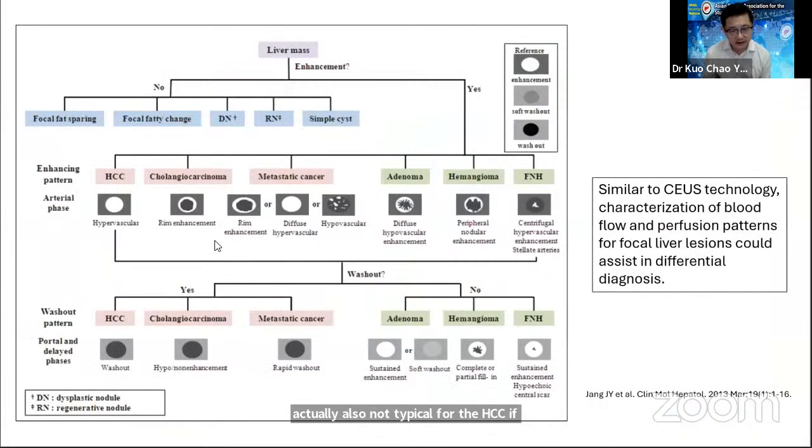If you follow this diagram, this is for CEUS, which characterizes the blood flow and perfusion pattern. Depending on what kind of enhancement there is, HCC typically has the whole lesion enhanced, cholangiocarcinoma has a ring enhancement, and metastatic cancer can also sometimes present with a ring enhancement.